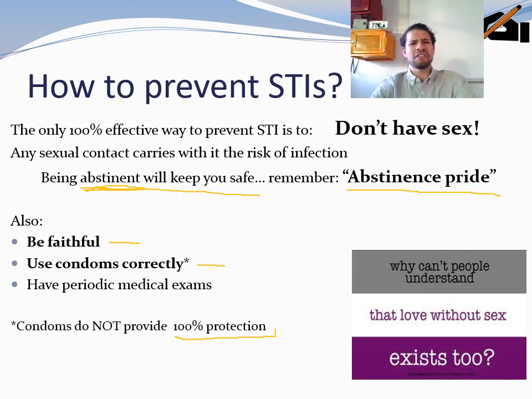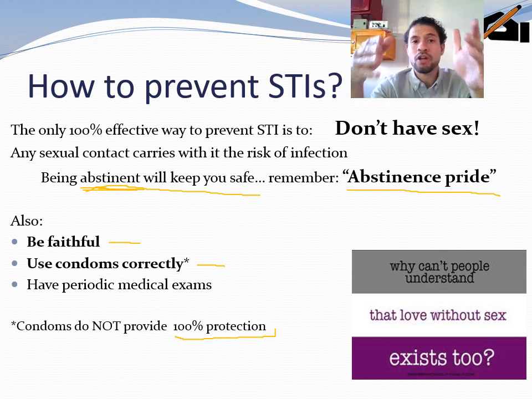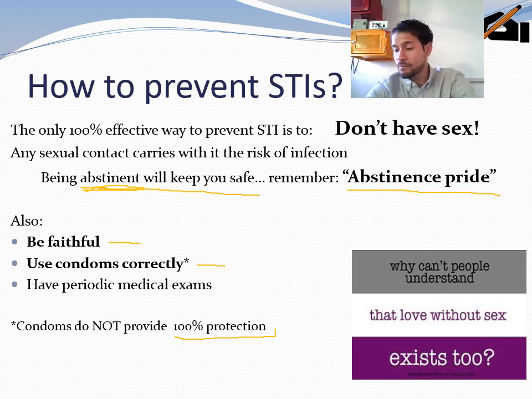Now, you might be thinking, teacher, what's the science behind wearing condoms properly? Okay, but if you take a look at the package, it will give you several instructions or details on how to keep your condoms safe so that they will help you be protected from sexually transmitted infections and pregnancies. But we'll talk about pregnancies in the next lesson.